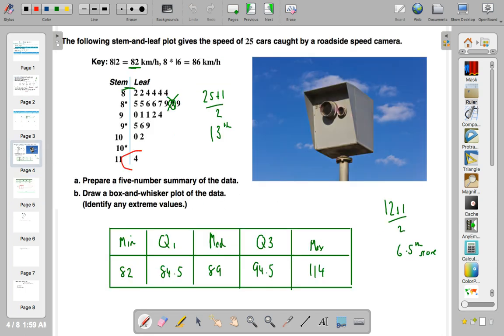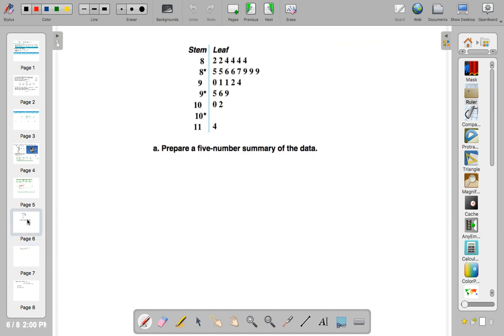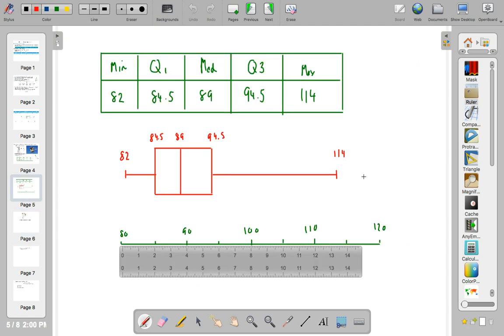We saw there that 114 really stuck out by itself. It's called an outlier if you're doing a statistical experiment because it seems to be way out of all the others. All the others are clustered around here in the 80s and 90s and early hundreds. 114 is an outlier. And when you look at your box and whisker plot, you can really see that it's an extreme value.